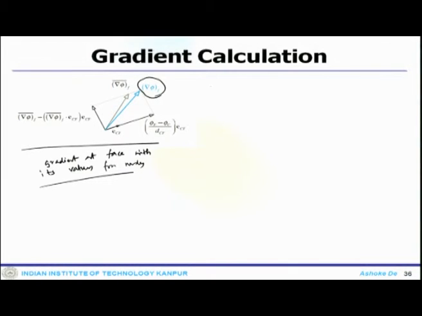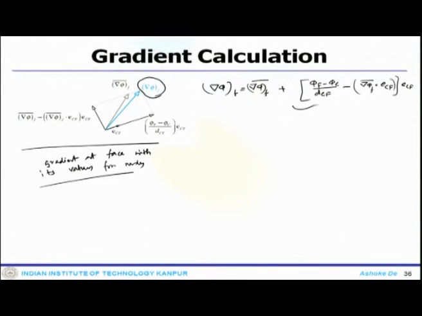So, if I have to expand this mathematically, how do I write that? This is essentially the averaged delta phi at the face, plus some correction: (phi f minus phi c) divided by d c f, minus the averaged delta phi dot E c f, times E c f.